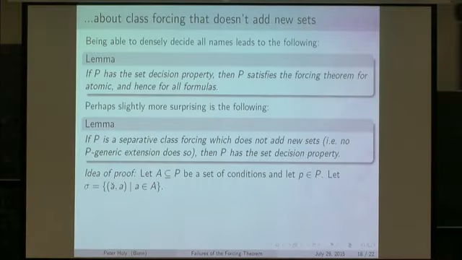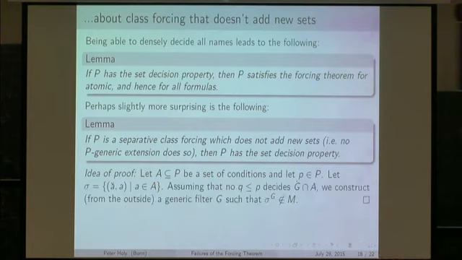The idea of the proof is that you start with a set big A and a condition P in your forcing, and look at the name sigma, which is just the name for the intersection of the generic filter with your set A. Assuming that no strengthening of P decides the intersection of the generic filter with the set A, we can from the outside construct the generic filter such that the evaluation of sigma with the generic filter is not in the ground model.